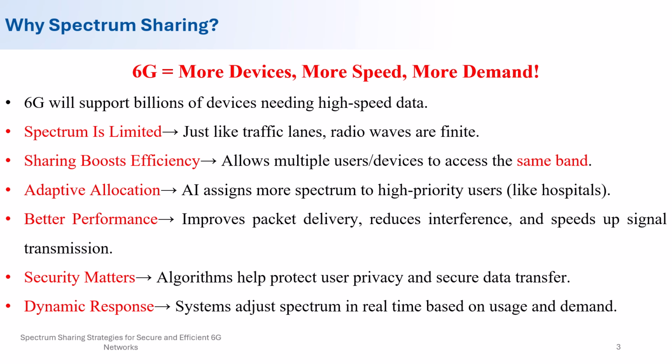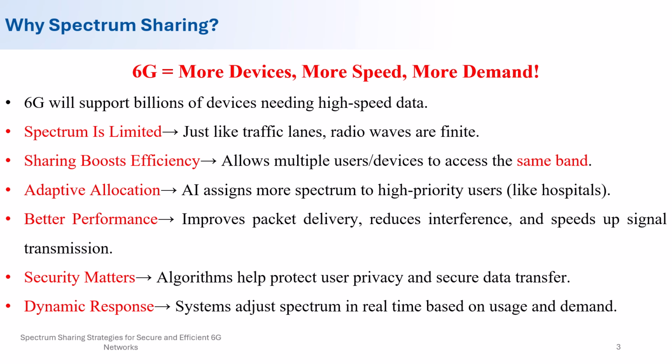So, why spectrum sharing? 6G will connect billions of devices, all needing fast, reliable data. But radio spectrum is limited, like traffic lanes that can get crowded. Without sharing, many users would face delays and poor service.